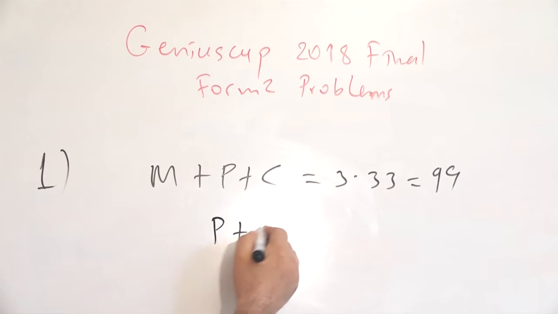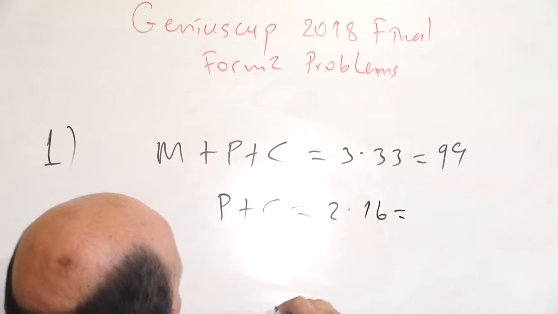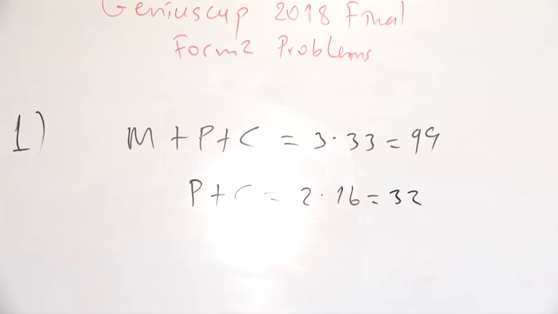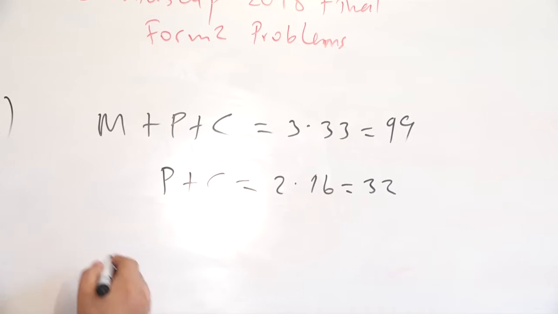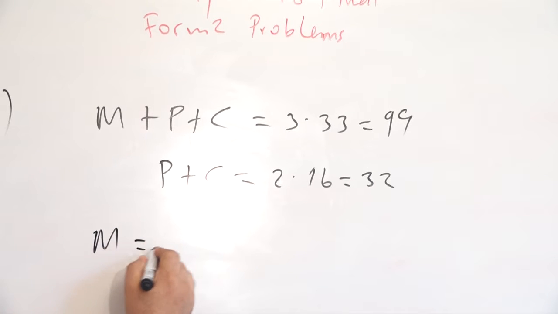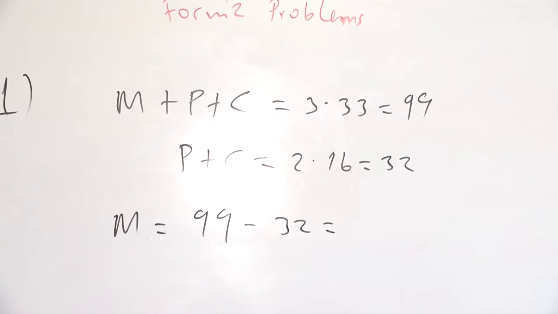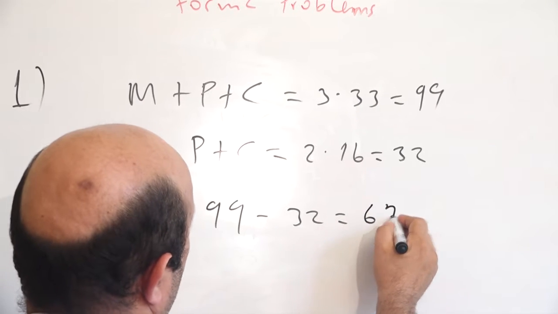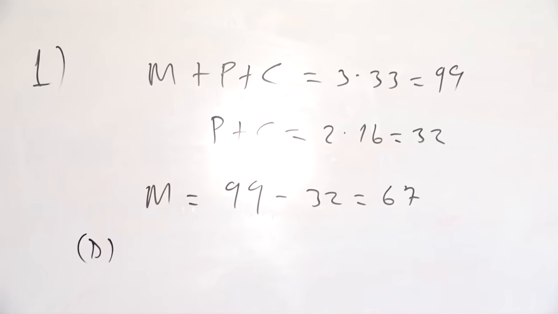If we take physics and chemistry, 2 times 16, which is 32. Now, what is the score of the 3rd subject? Suppose that's mathematics, so it is 99 minus 32, which is equal to 67. So the answer is D, question 1.